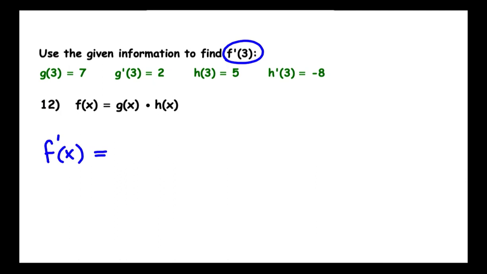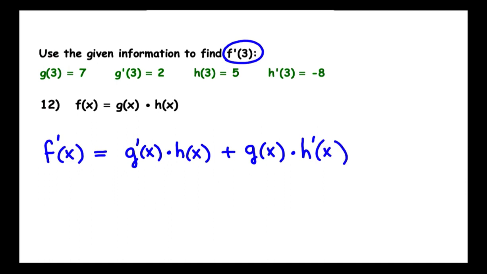It's going to be g prime h plus gh prime. That's hard to do. But okay. There we go. G prime h plus gh prime.